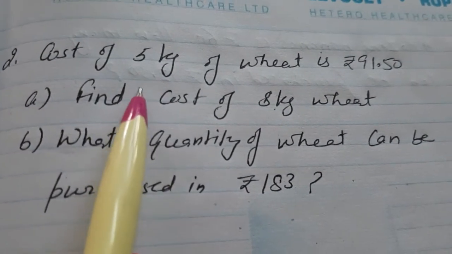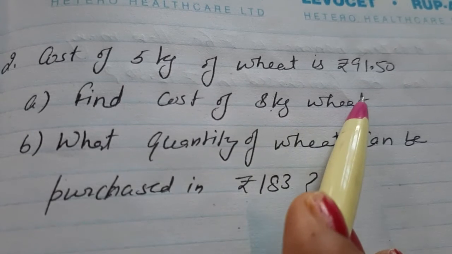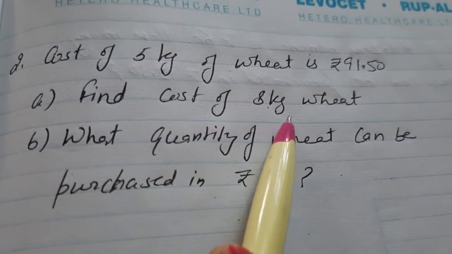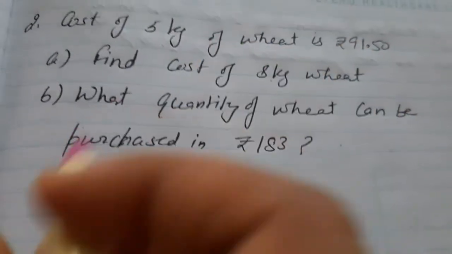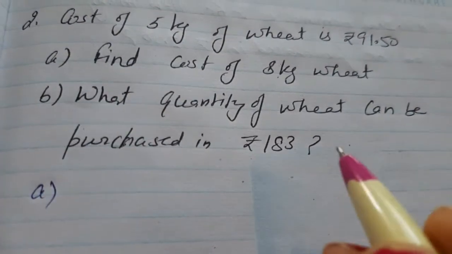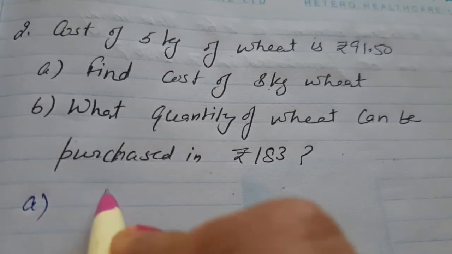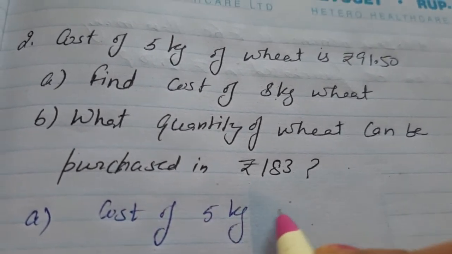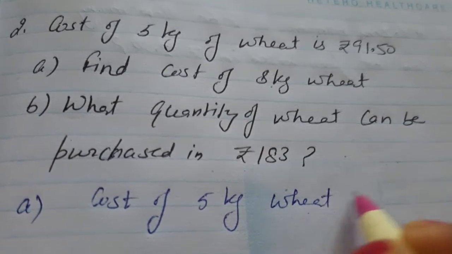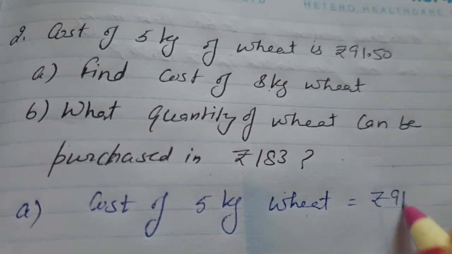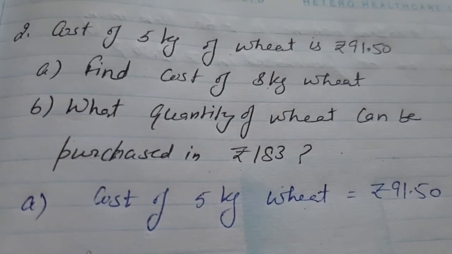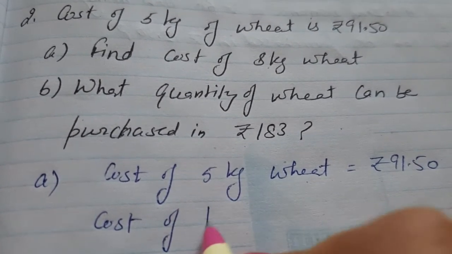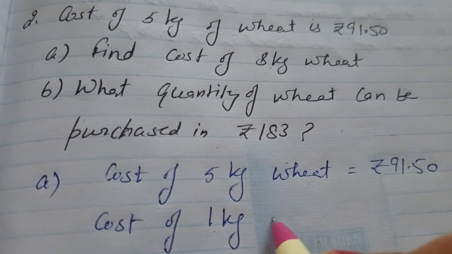Next is, cost of 5 kg of wheat is given as 91.50 rupees. Find the cost of 8 kg wheat. So first part is very easy. We are given here cost of 5 kg wheat, that is rupees 91.50. So the very first step is what to find out? Cost for 1 kg, cost for the unit.